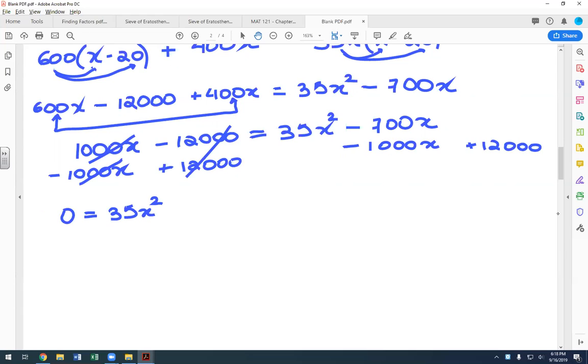What happens with my 700 and 1000? Negative. Yeah, negative, because both of them have negative signs on them. Negative 1700x plus 12,000. That is not a pretty looking equation, is it?